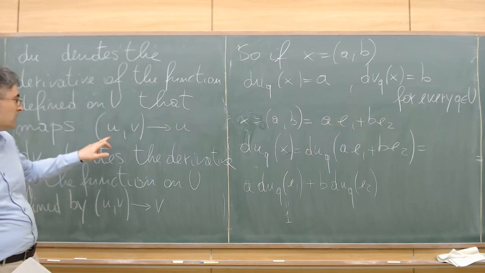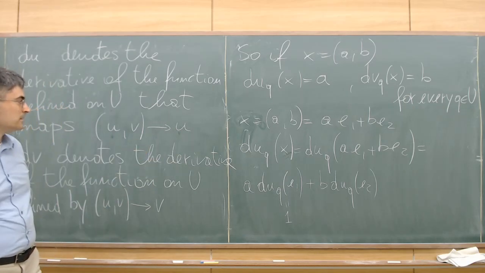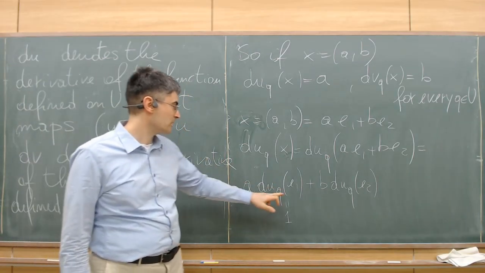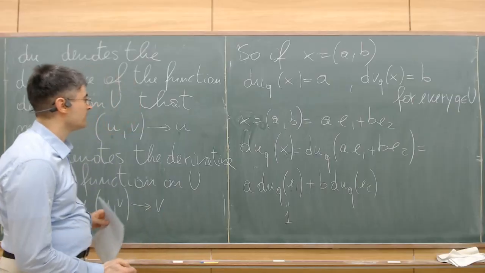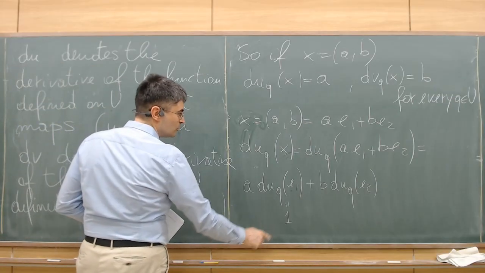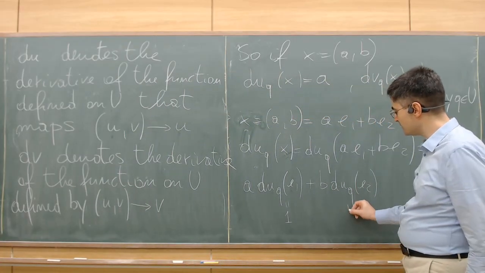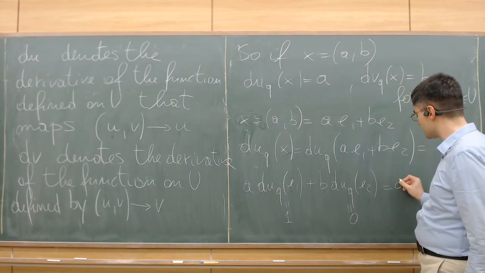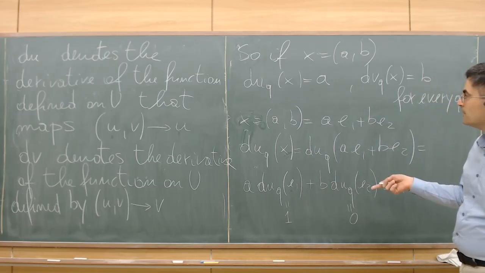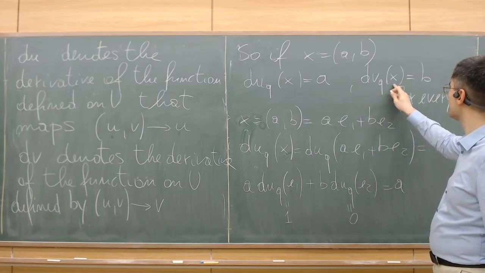Because we are looking at this map here. We look at changes of this function along the direction e1, and the derivative is exactly equal to 1. Instead, this derivative here is 0, and the result is a. Similar computation for proving that dv q X is b.